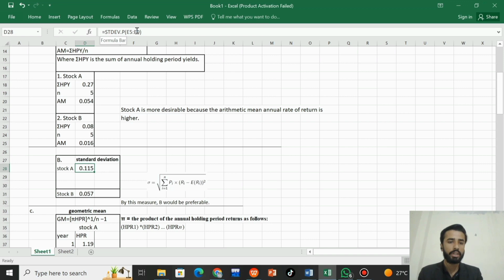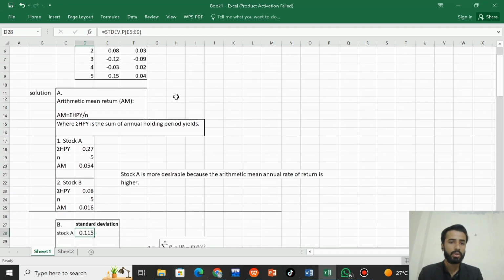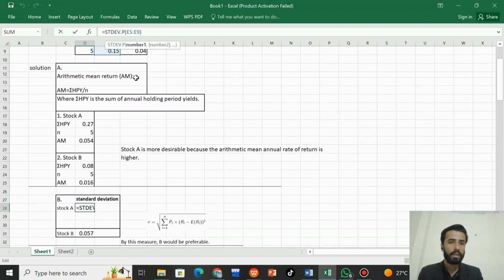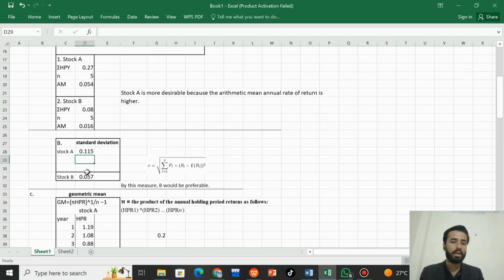Then we have selected the row, the returns for stock B. Look here. Then I have entered. The answer is here. In this way, we have calculated for stock B, and for both stocks we have got the standard deviation answers.